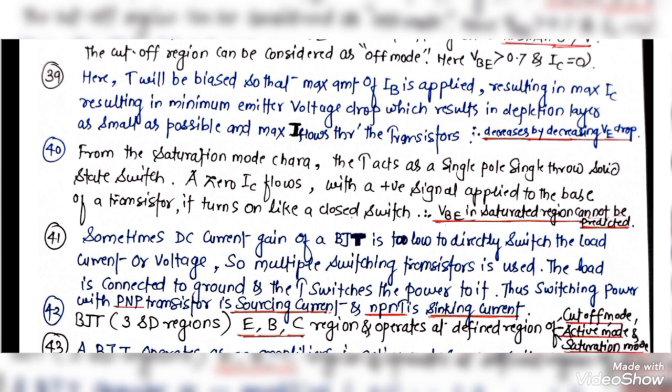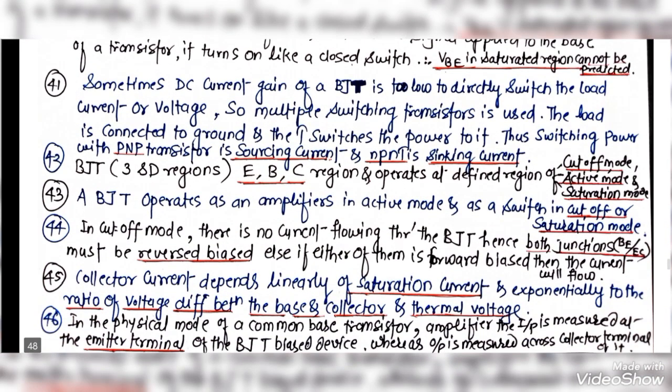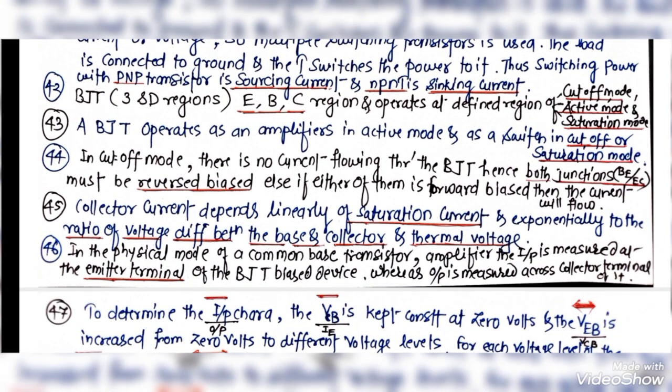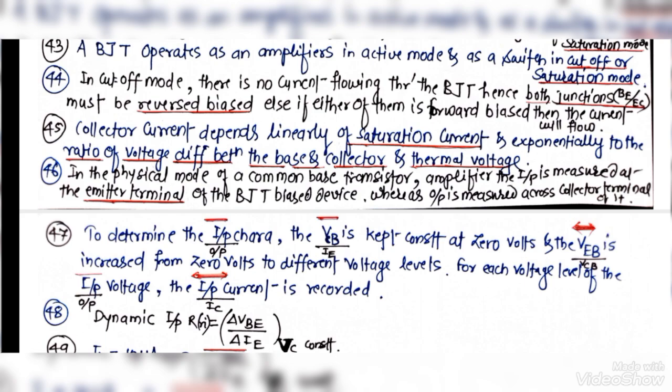A BJT has three semiconductor diode regions, emitter, base and collector, and operates in defined regions of cutoff mode, active mode and saturation mode respectively. A BJT operates as an amplifier in active mode and a switch in cutoff or saturation mode.